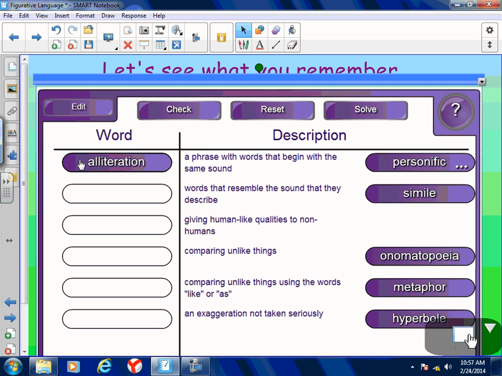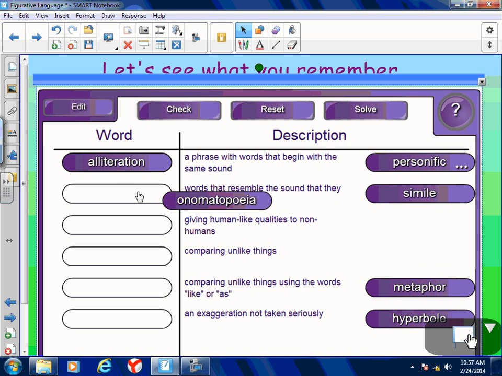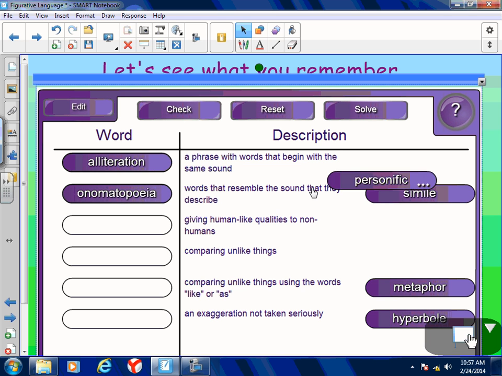This is alliteration. That's correct. Words that resemble the sound that they describe. Okay, we call this onomatopoeia. That's right, too. And giving human-like qualities to non-humans. Is this a personification or a hyperbole? Correct. This is personification.